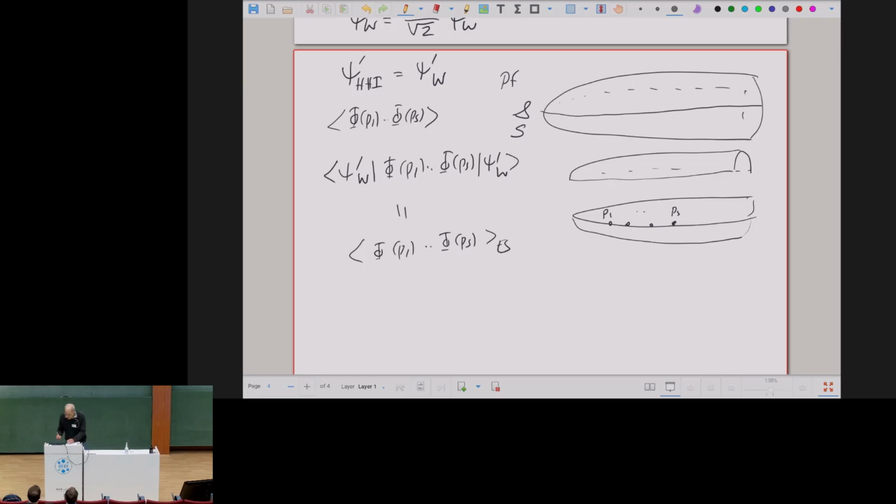And by definition, that's equal to what we're calling psi HHI or psi prime HHI with these insertions. So that's if the points are inserted on the midplane. But then if we differentiate with respect to their positions any number of times, we're still looking at correlations of local operators inserted on the midplane, so the same logic applies. And then we claim that the Taylor series converge as long as we're not running into singularities, which we won't in Euclidean signature.